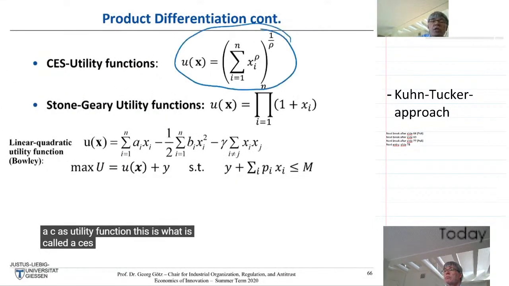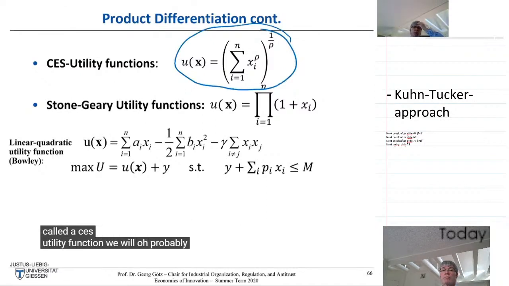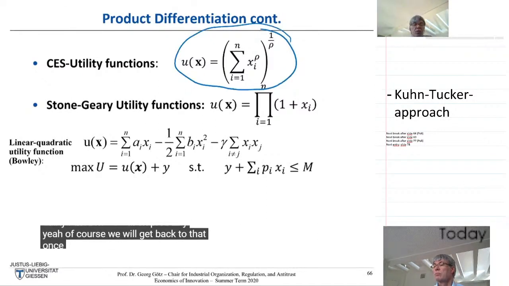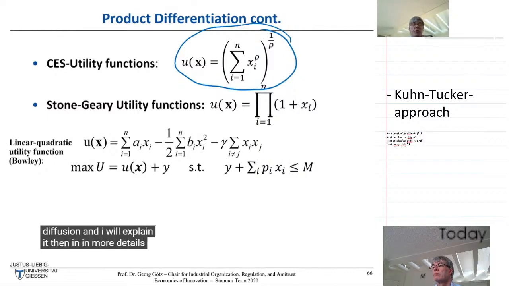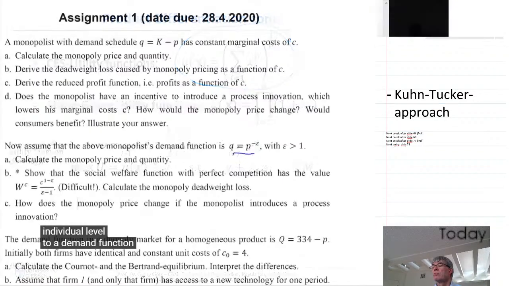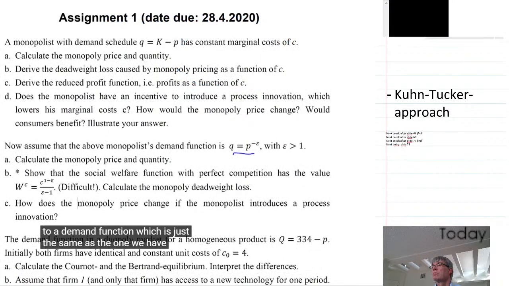This is what is called a CES utility function. We will get back to that once we talk about adoption and diffusion, and I will explain it then in more detail. The point is that such a function gives rise on the individual level to a demand function, which is just the same as the one we have here.